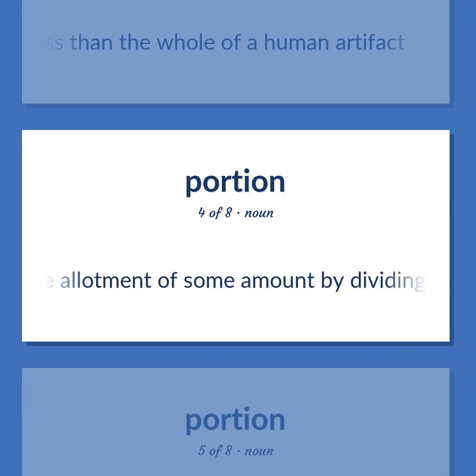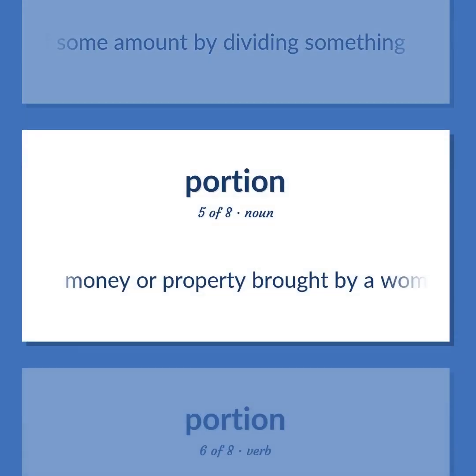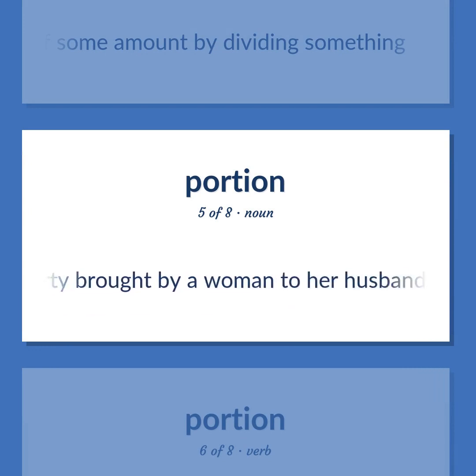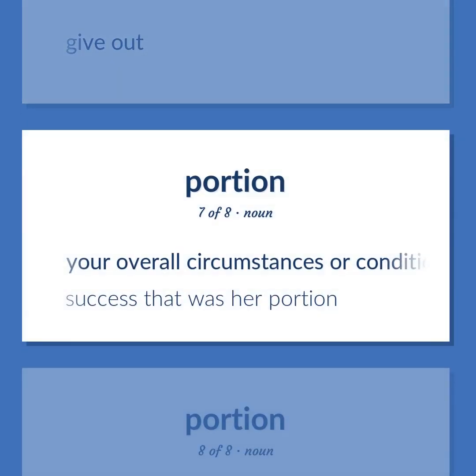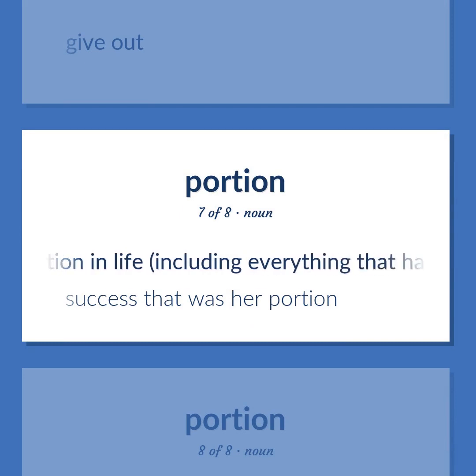The allotment of some amount by dividing something. Money or property brought by a woman to her husband at marriage. Give out. Your overall circumstances or condition in life, including everything that happens to you. Success that was her portion.